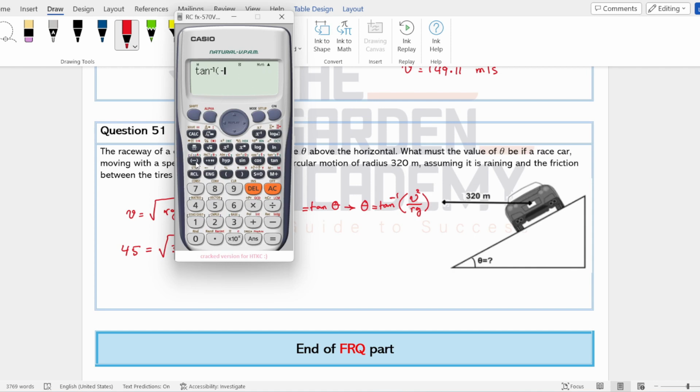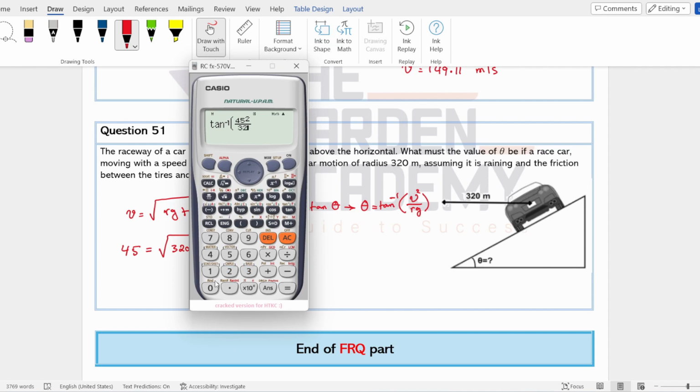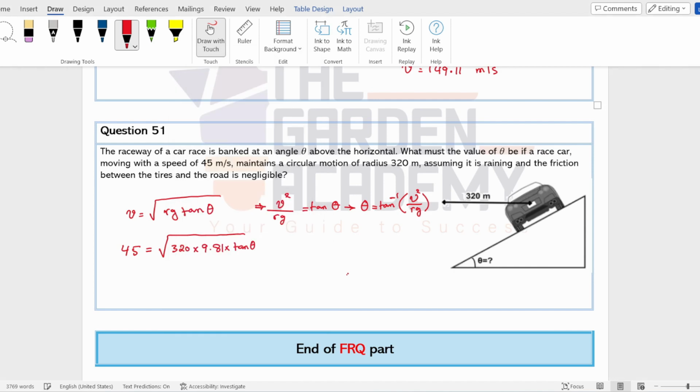So tan inverse of v squared, which is 45 meters per second squared, divided by the radius of curvature, which is given as 320, multiplied by 9.81. Sorry, this is the bracket. So the answer of this is 32.82. So theta is 32.82, and don't forget this is in degrees.